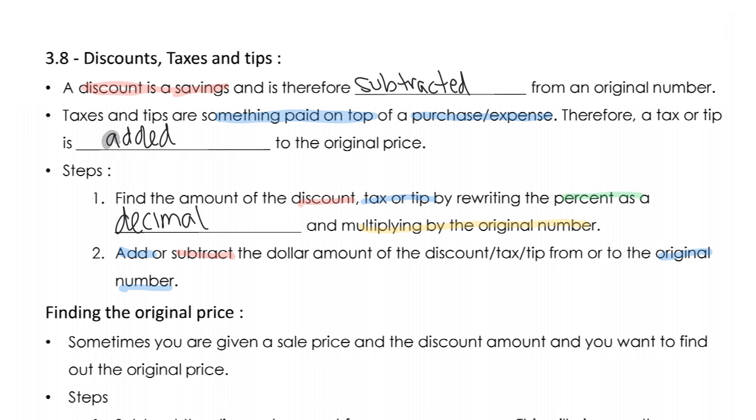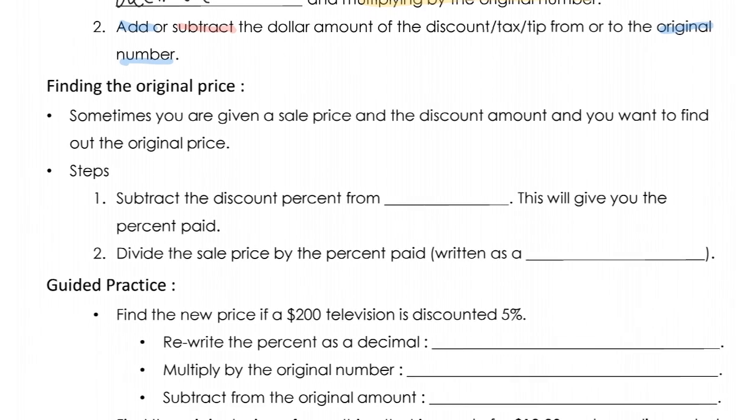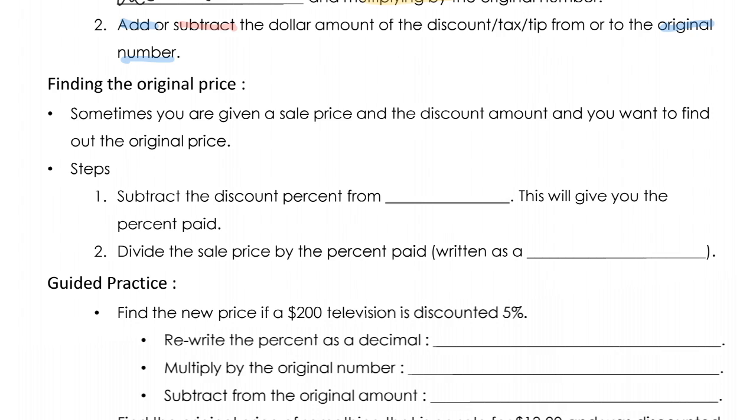If you're asked to find the original price, okay, so sometimes you'll be given the sale price of something or the discount amount, and we might be asked to find the original price. So you do that by subtracting the discount percent from 100.